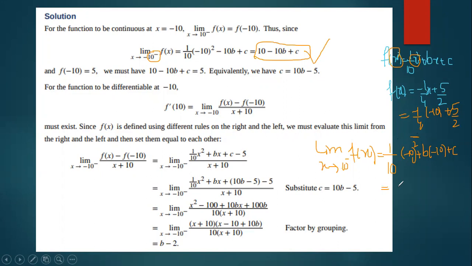The minus becomes positive, and the answer will be 10 upon 4 plus 5 upon 2. So this is the value of f of negative 10.